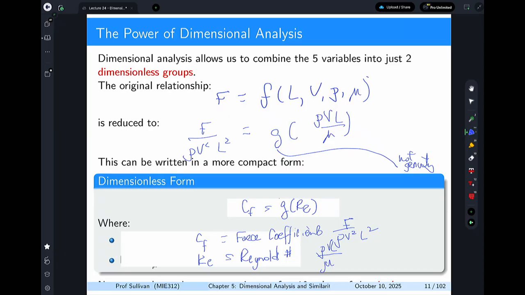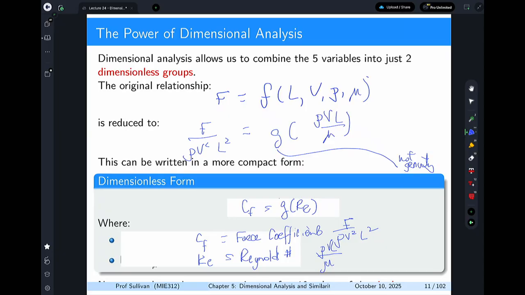As you go through the course, this becomes much more important. These terms become much more important in the next two chapters, 6 and 7, because that's how we're going to start to define things. We're going to be looking at Moody diagrams, drag forces, skin friction coefficient, and all of that depends on these terms.